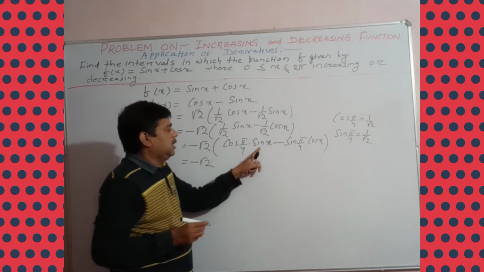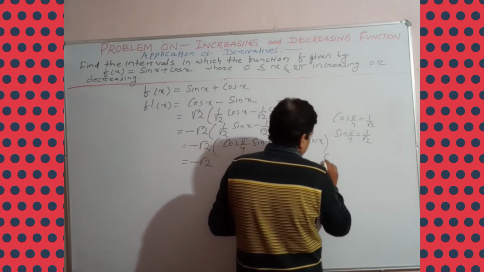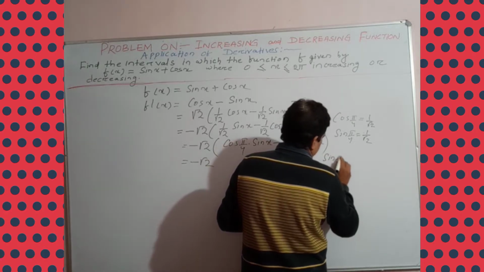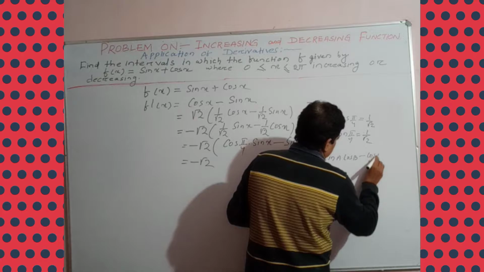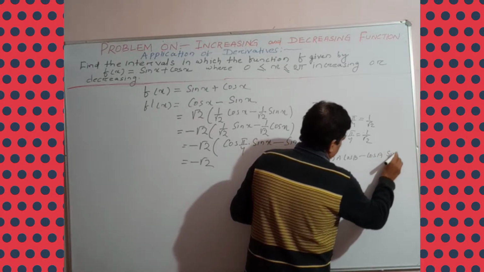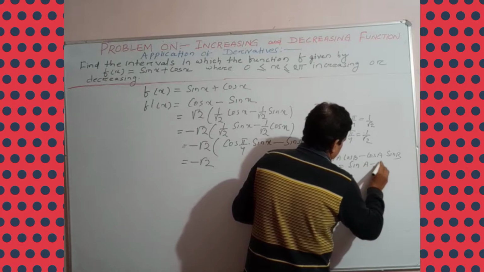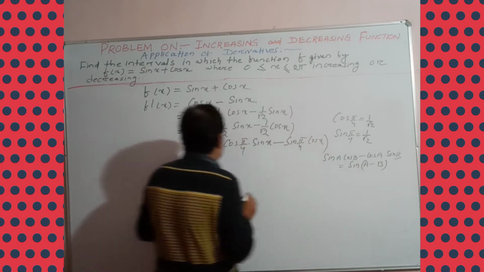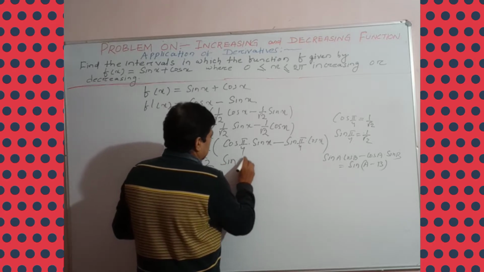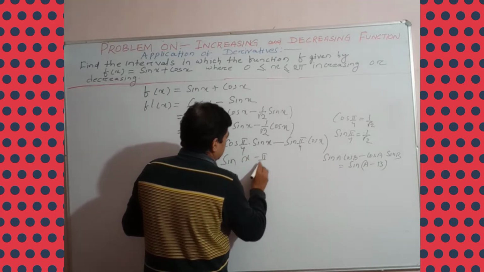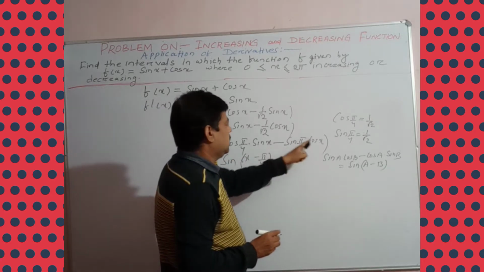You see, sin A cos B minus cos A sin B. You know this formula from Class 11: it is sin(A − B). Is it clear? So here we get sin(x − π/4), with A = x and B = π/4.